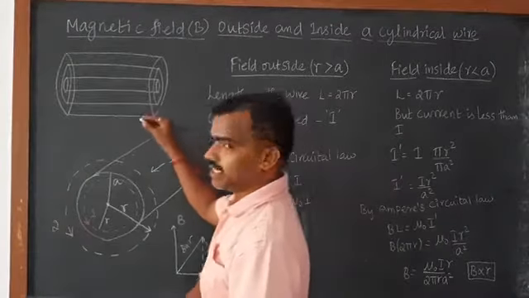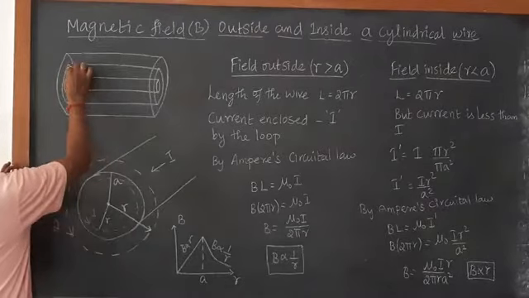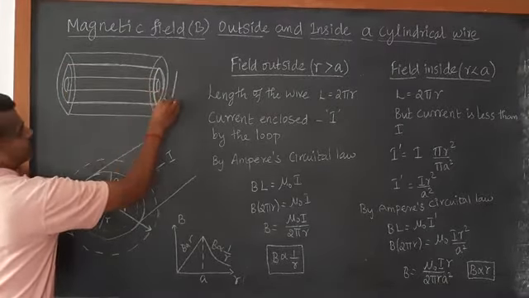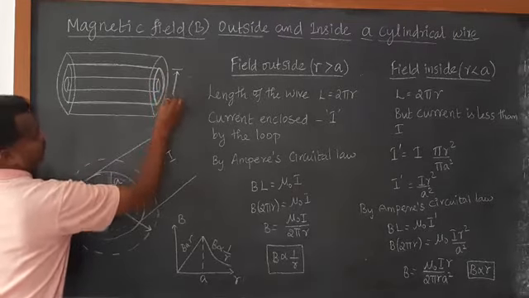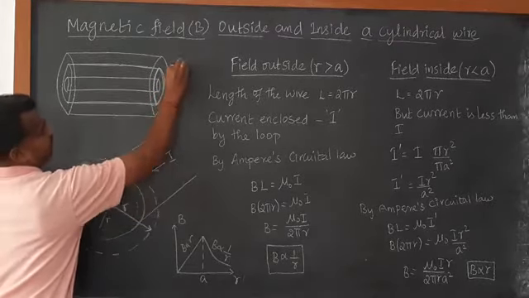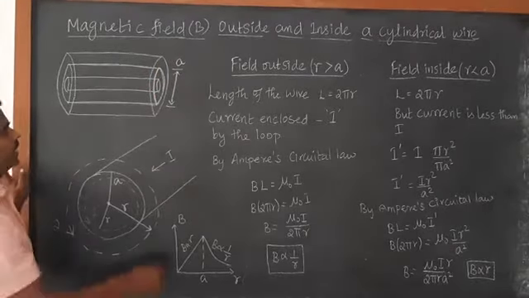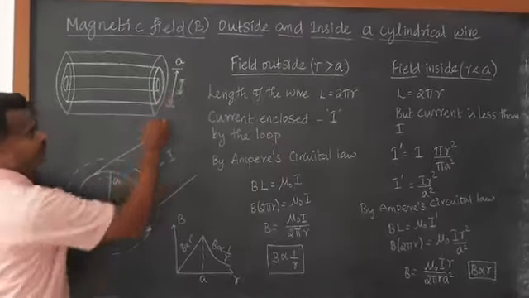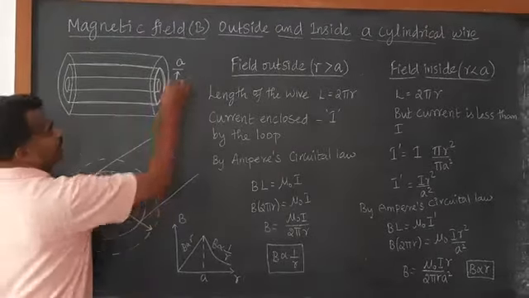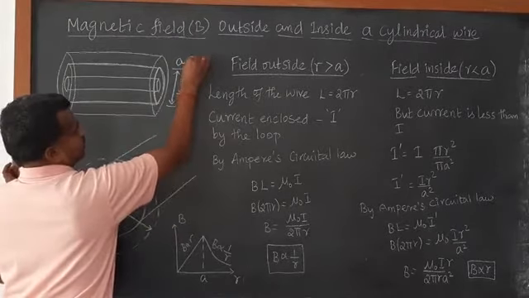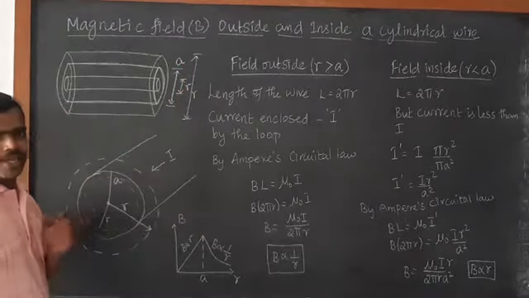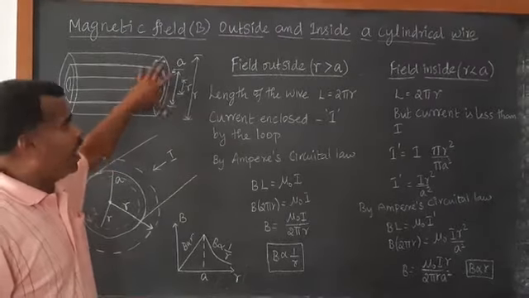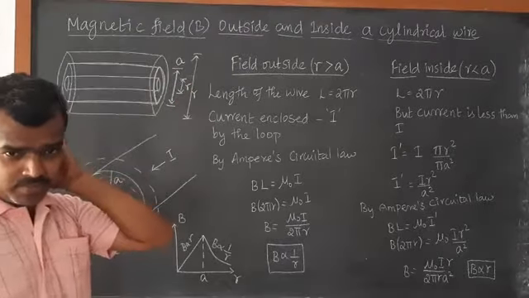So this is the wire, which has a uniform cross section A. Inside the wire we have the radius as a, and outside we take it as r, with a uniform cross section.